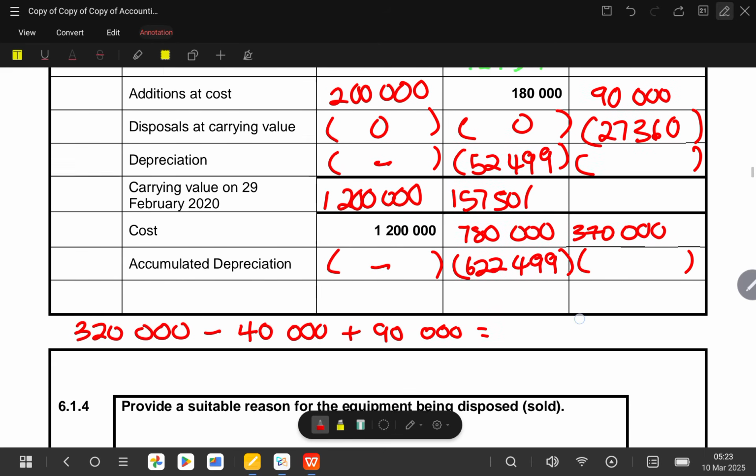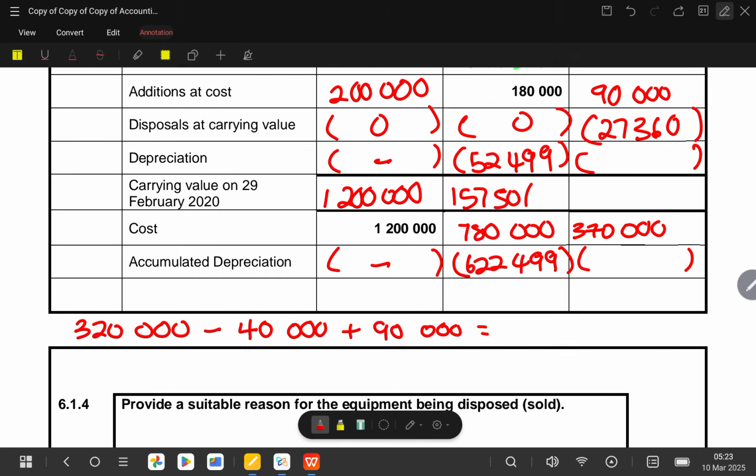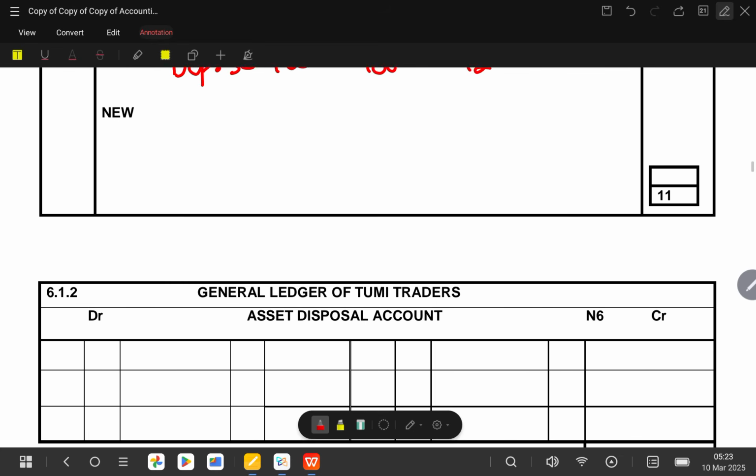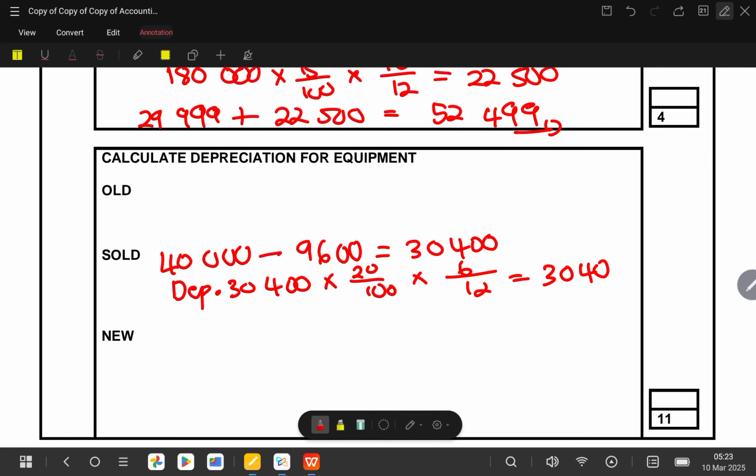Okay, and then in terms of our accumulated, we will need to be very careful. So let's calculate the depreciation for the new one. Remember the new one was bought for 90,000. So the new one is going to be 90,000 multiplied by 20 over 100, and then multiplied by, because the new one was bought in September, it will be September, October, November, December, January, February.